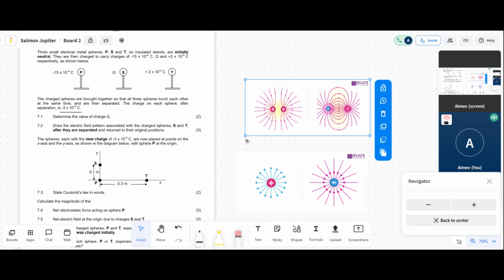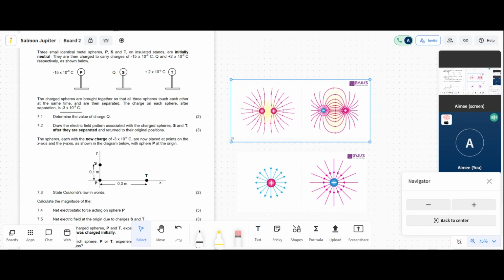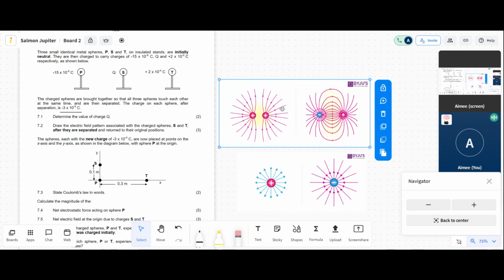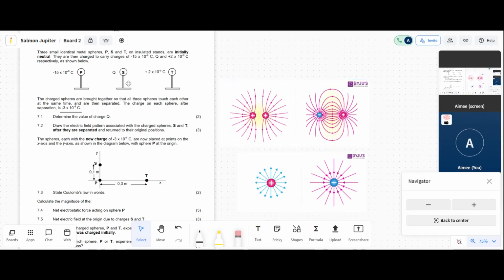But when they ask you to draw a point charge diagram for S and T after they've been separated, it means they're asking you to show that sphere S is repelling sphere T. And this is kind of what your diagram is going to look like.